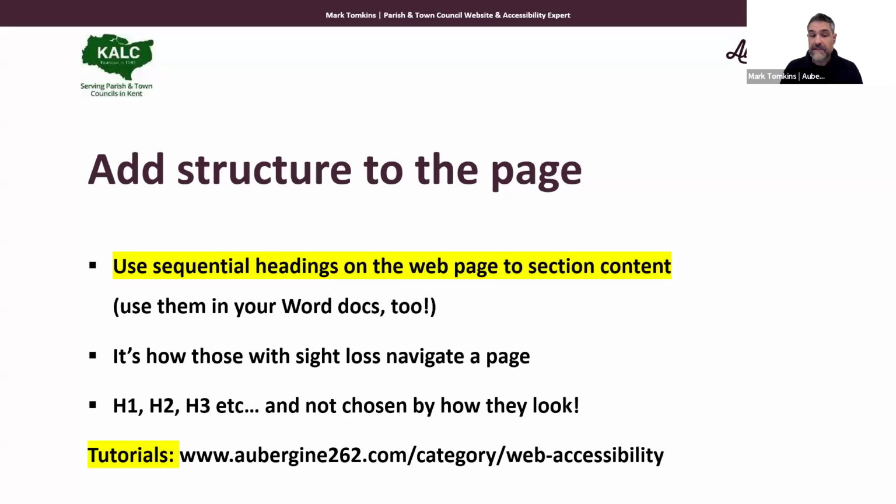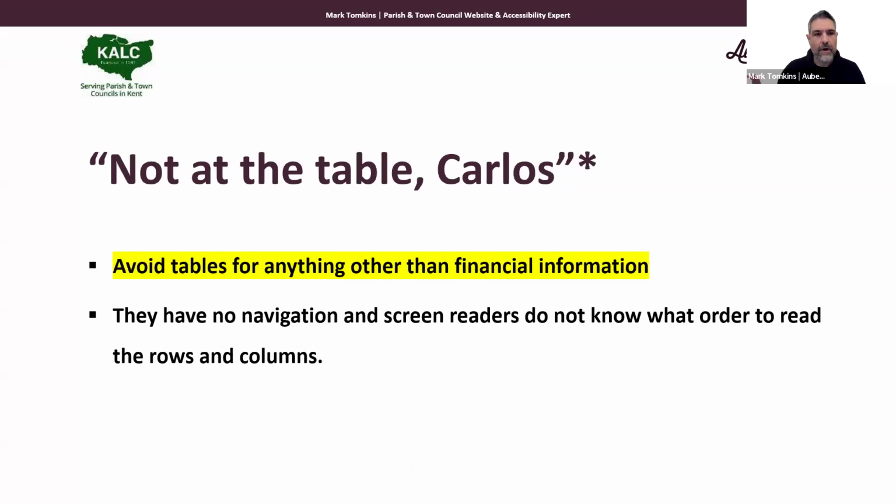However, if I'm on a web page that's got correctly structured headings, the computer can read me those headings first, and then I can jump to that section. But unless it's in the right order, I won't be able to do that. Now, this is a publishing technique that you can use in Word documents very, very well, which means that your minutes and agendas and other documents are nice and accessible. But you can also use the same technique on your web page.